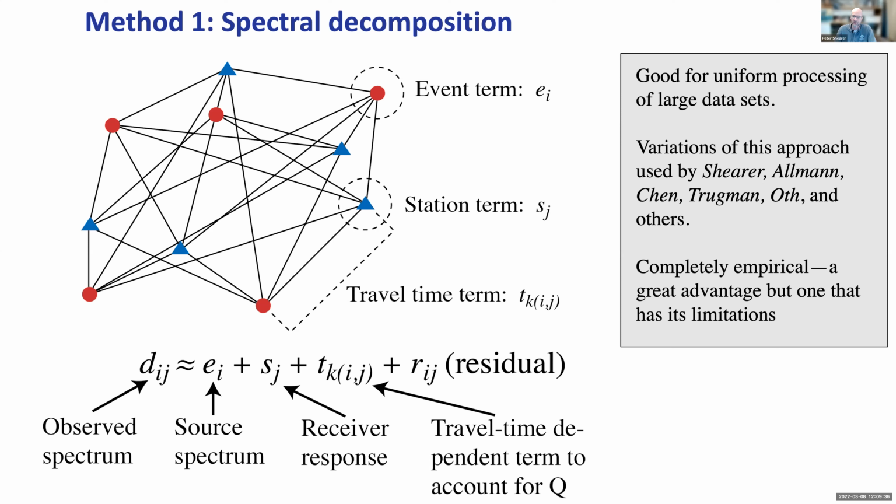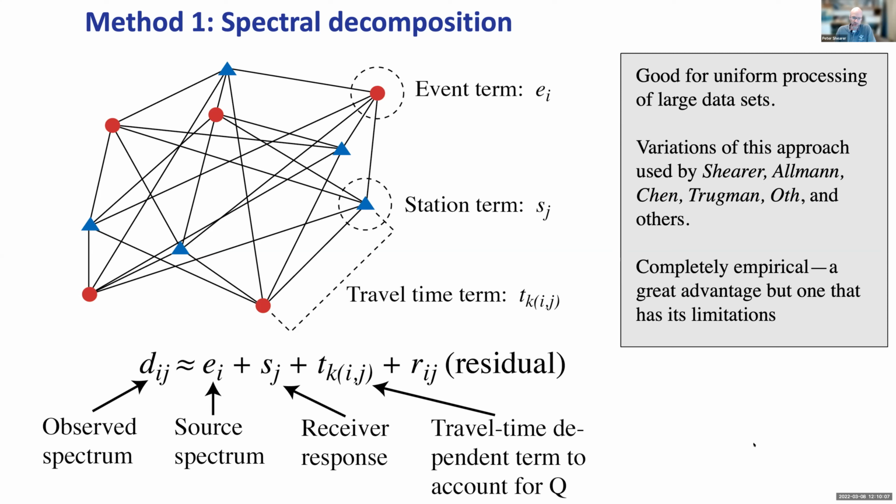And then you try to decompose the observed spectrum as a sum of these terms. I should say, this is in log space, so we're doing a sum in the log spectral space because it's a product of the spectrum, and then in time domain, of course, it's a convolution.